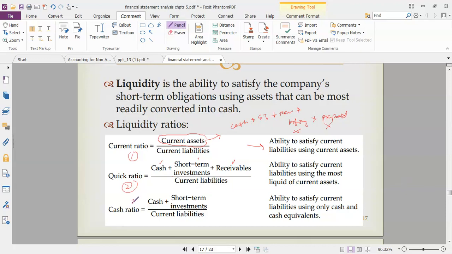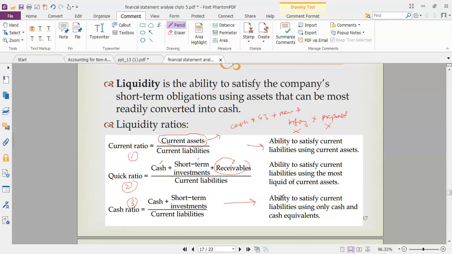Last is the cash ratio. How about the cash ratio? The cash ratio is equal to cash plus short-term investment. For the cash ratio, we exclude the receivable. So we just add on the cash and also short-term investment divided by the current liability.